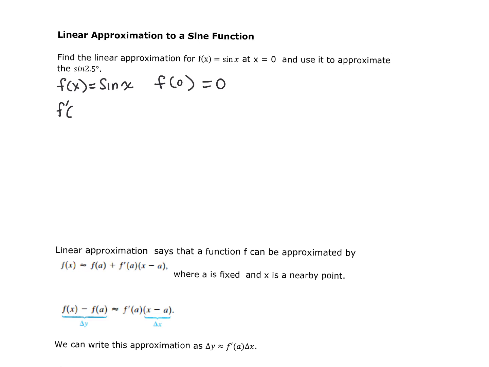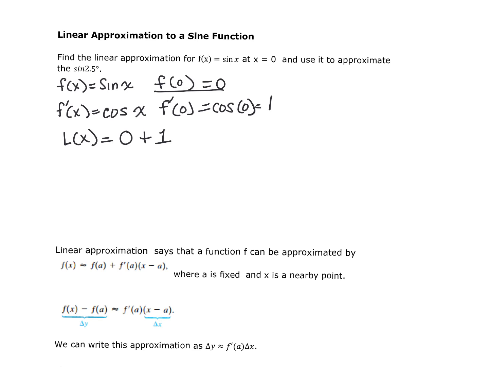The derivative of sine is cosine of x, and the derivative at 0 is cosine of 0, which is 1. So our linear approximation is going to be our function value at 0 plus our slope, f prime at 0, times x minus 0. So we end up with the linear approximation being just x.